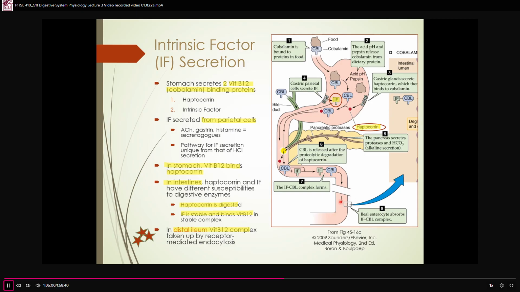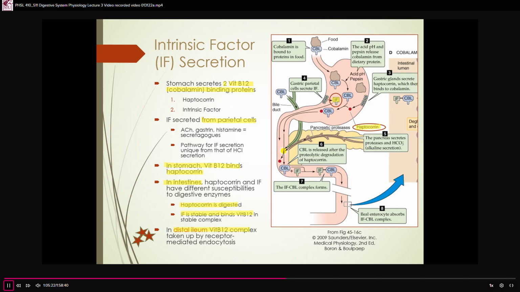And that is because in this region, there are epithelial cells that have projecting out into the lumen of the small intestine down here in the distal ileum, specific receptors that don't recognize B12 by itself, and they don't recognize intrinsic factor by itself, but what they can recognize is the intrinsic factor B12 complex.